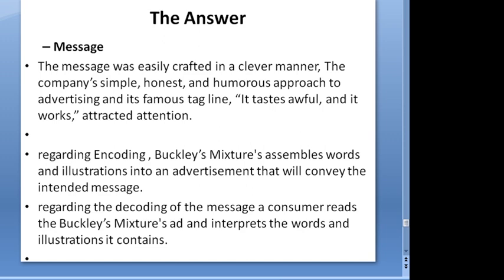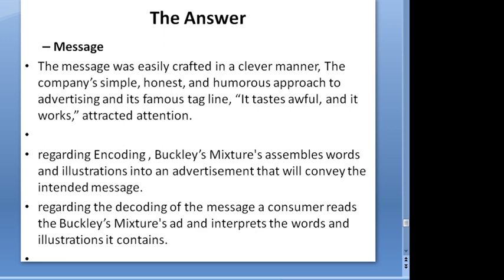What about the message? The message was easily crafted in a clever manner. The company's simple, honest, and humorous approach to advertising and its famous tagline, "It tastes awful and it works," has attracted attention. So here in the message, they used a slogan that says it tastes so awful and it works.